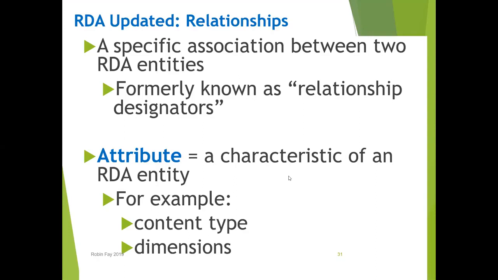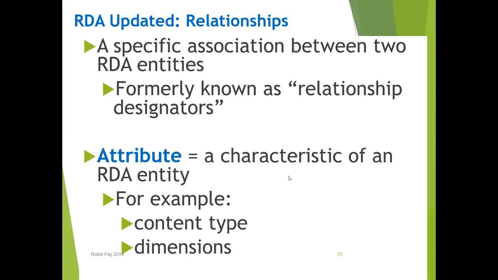But one of the things the Library Reference Model does is it updates the terminology a little bit. So it defines a relationship as a specific association between two RDA entities, and this is formally known as relationship designators, or relator.